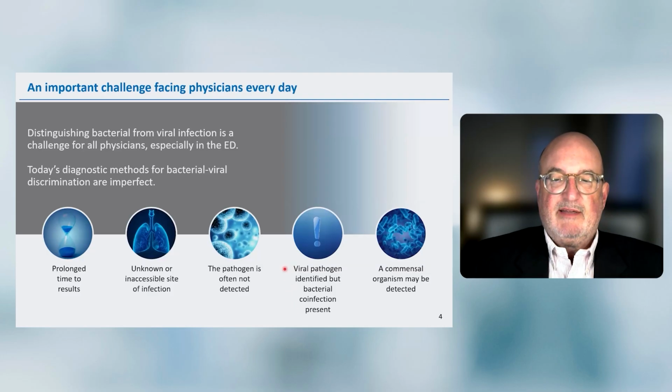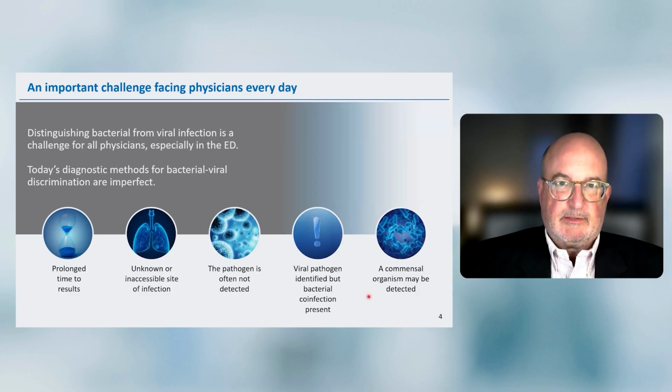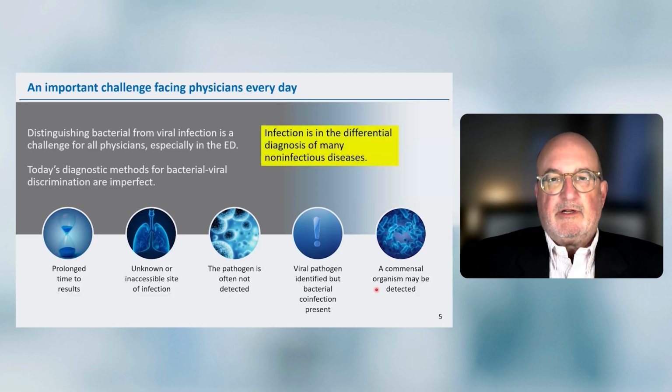But sometimes physicians get that viral diagnosis and hang their hat on that when they make treatment decisions. And finally, a commensal organism may be detected. And even though the lab and knowledgeable clinicians will be aware of the common commensal organisms, sometimes there's overlap between pathogenic and non-pathogenic commensals.